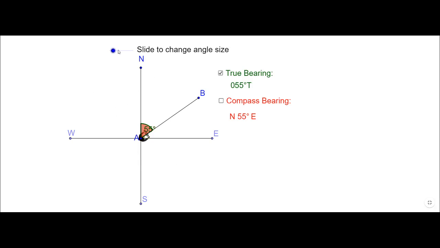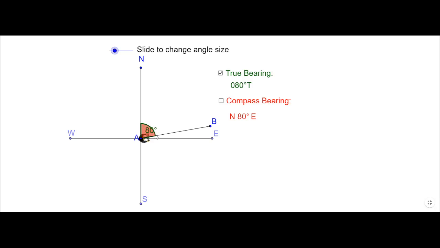Let me slide a bit in the same quadrant. You realize that they will be similar. If I slide this a bit in that same quadrant, this is 80 degrees. The color green represents the true bearing, and the red here represents the compass bearing.